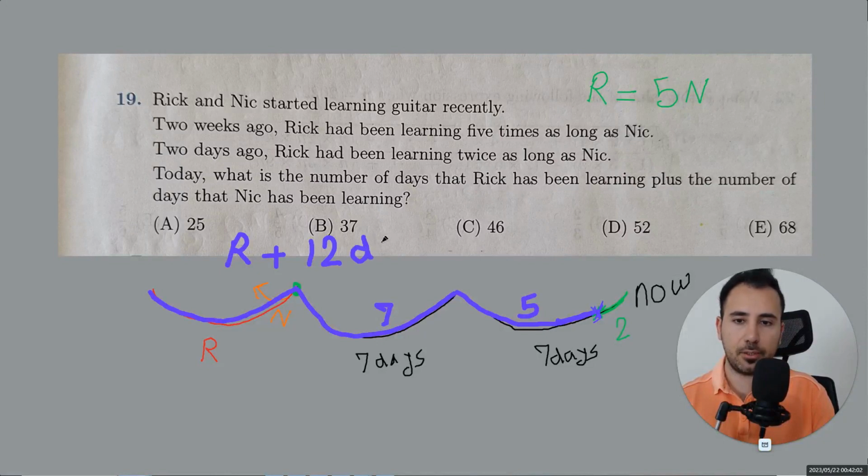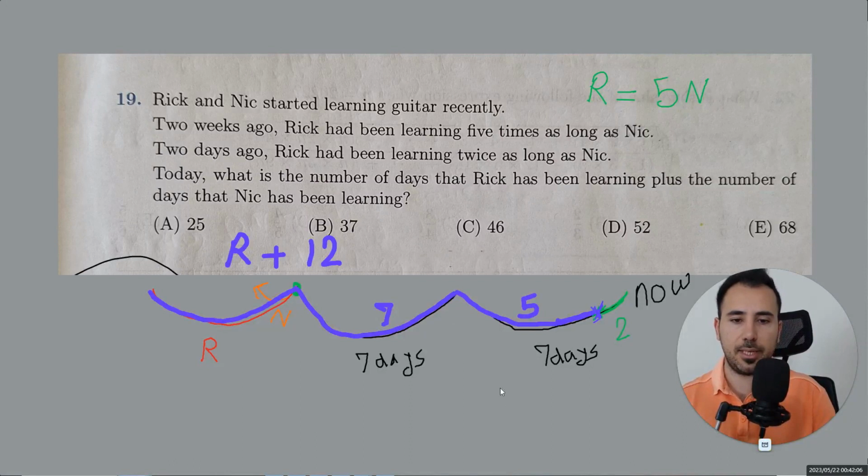So Rick has learned R plus 12 days. So that's for Rick. How about Nick? Nick, okay, it's just the same thing. 12 days, but plus n. This is for Nick.